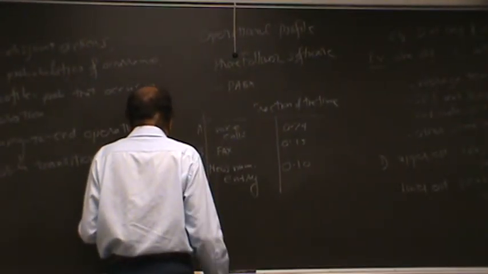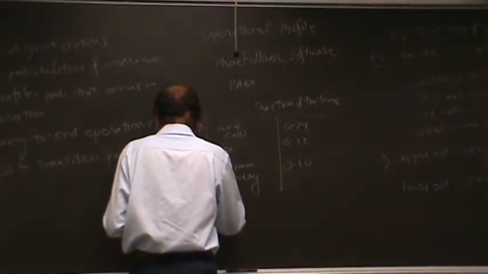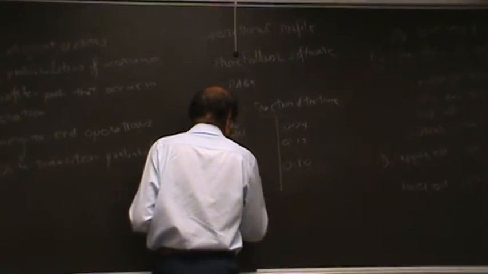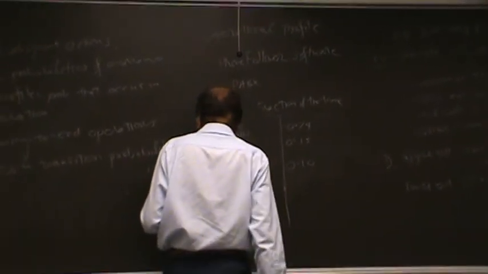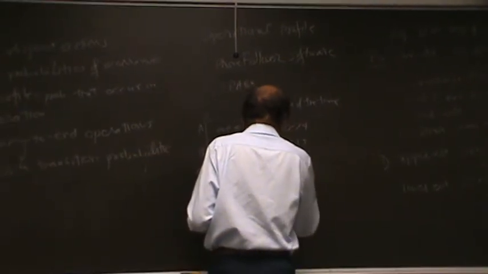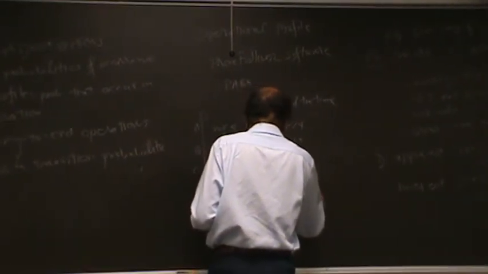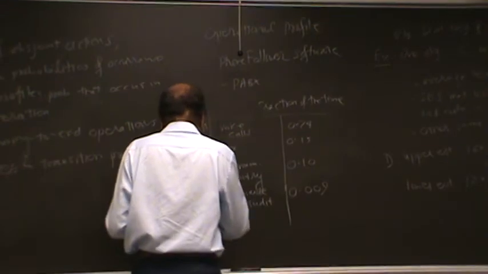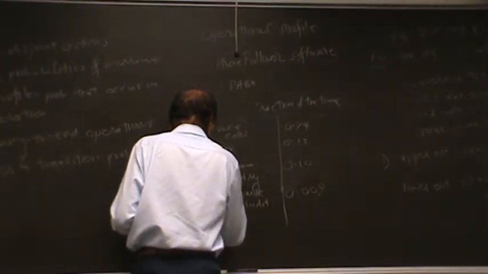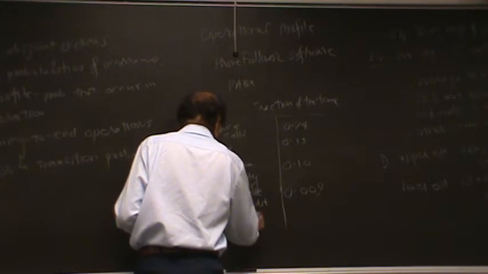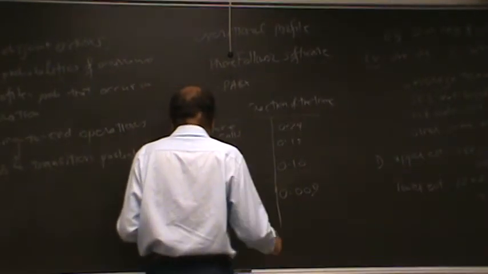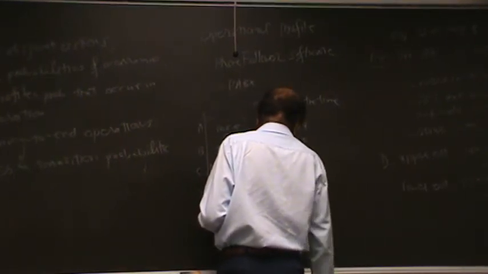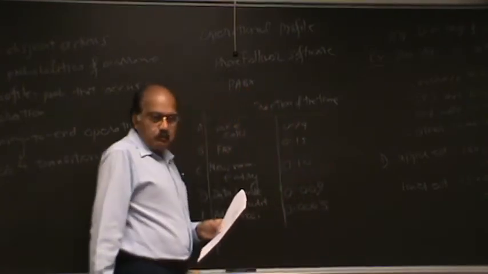And we found that database audit, whatever that is, happens at 0.009 or 0.9% of the time, and E, add subscribers, happens this often. So that is 0.05% of the time.